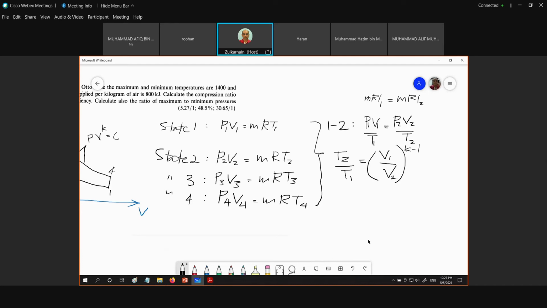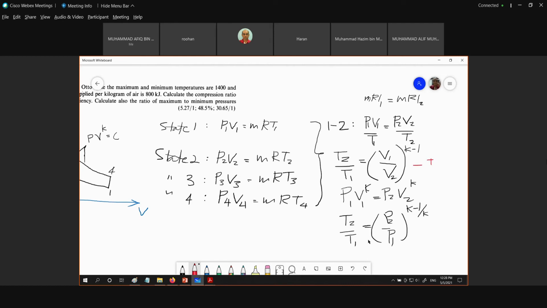And then next we have our relationship P1 V1 to the power of K, I used gamma just now, K, equal to P2 V2 to the power of K. And another one, we have T2 over T1 equal to P2 over P1 to the power of K minus 1 over K. So this is our TV relationship, this is our PV relationship, and this is our TP relationship.